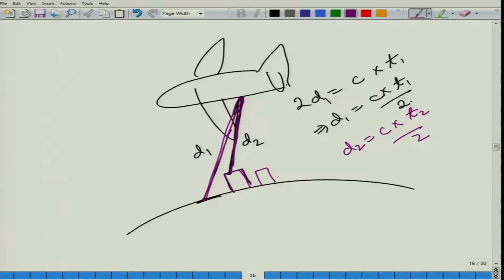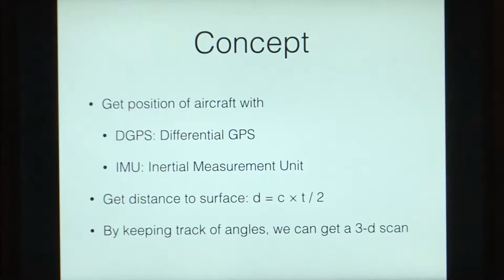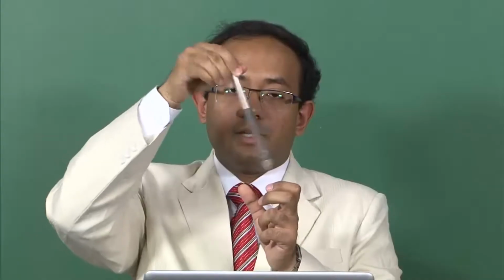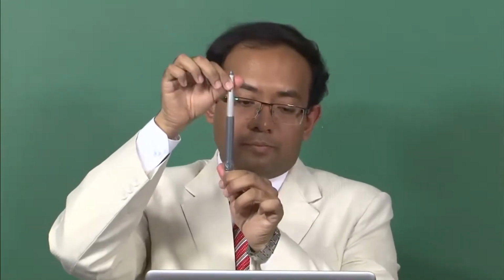So, coming back to the slide again. By keeping track of the angles, we can get a 3D scan of the whole scene. So, what are the components of a LIDAR? It consists of a laser, a scanner and optics. A scanner refers to the instrument that is used to move this beam, plus you will have some optics to ensure that your beam is a very coherent beam.